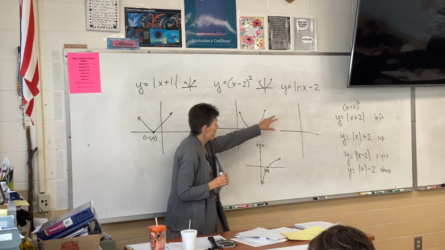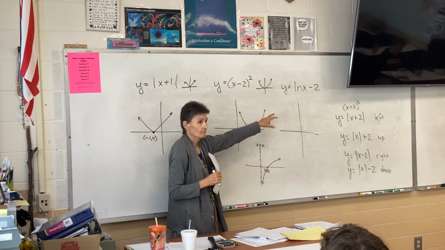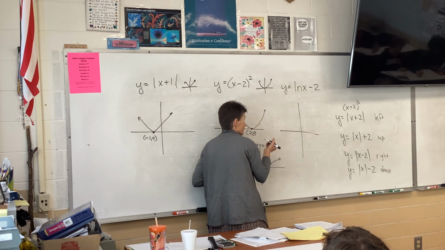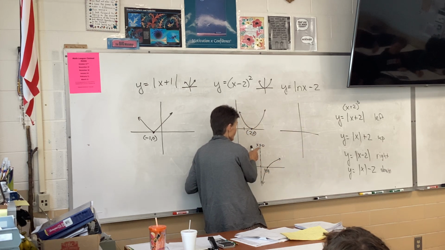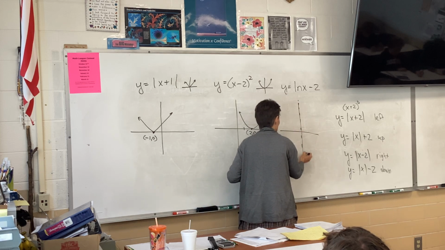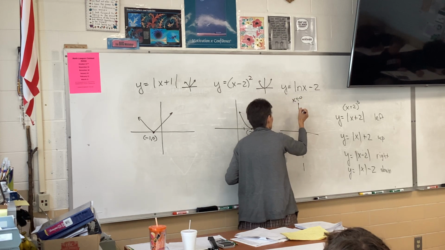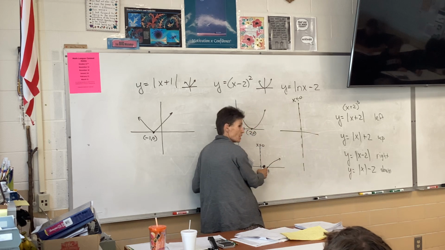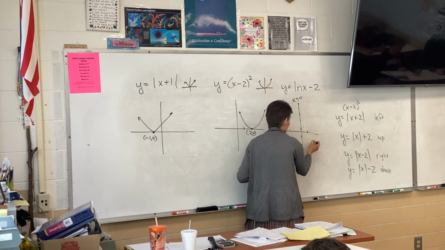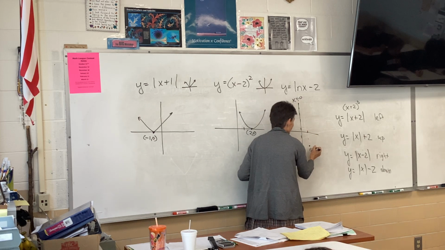Okay, what's happening? Down 2. So what does that mean? Going down 2, will that change the asymptote? No. But it will change that point now, right? Where's that point going to be? Now it's going to be at 1, -2.